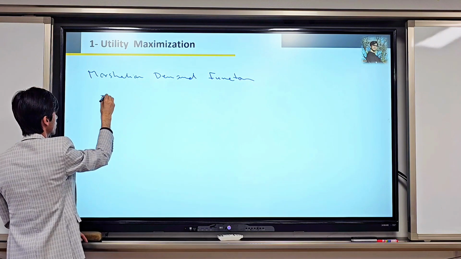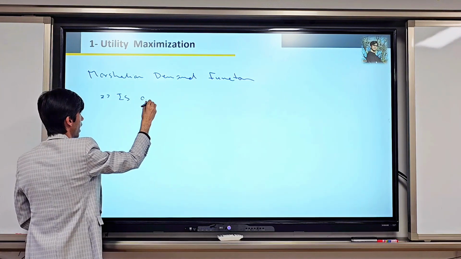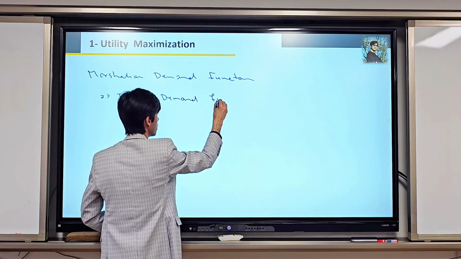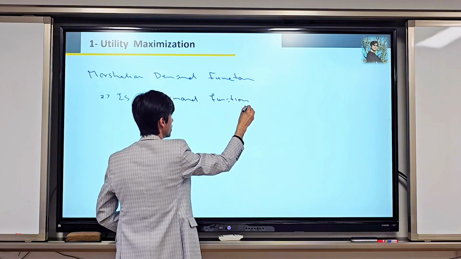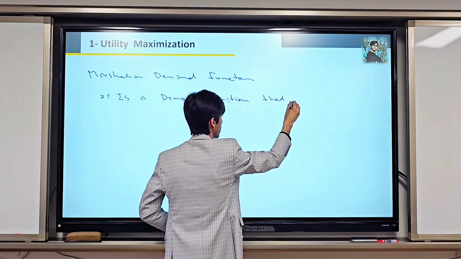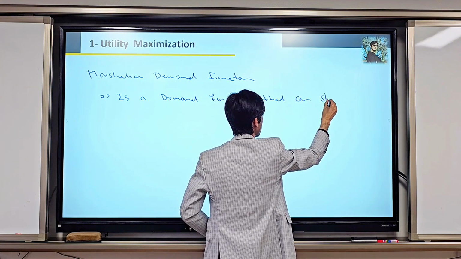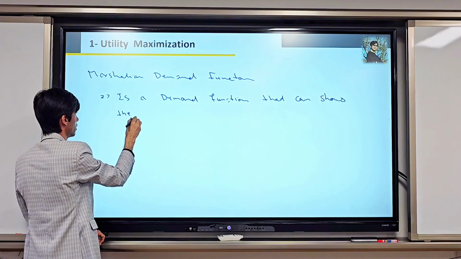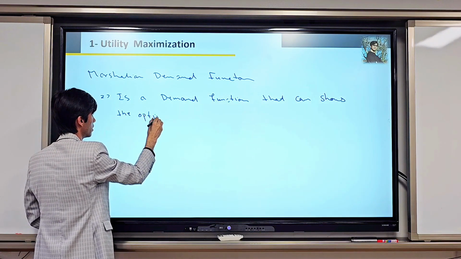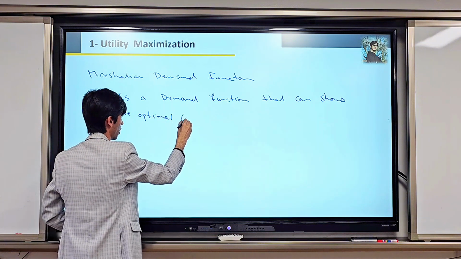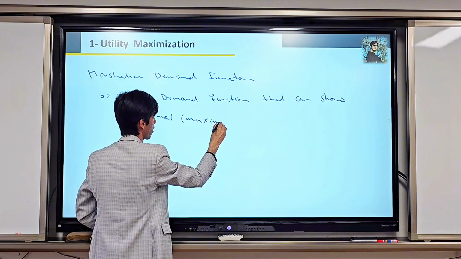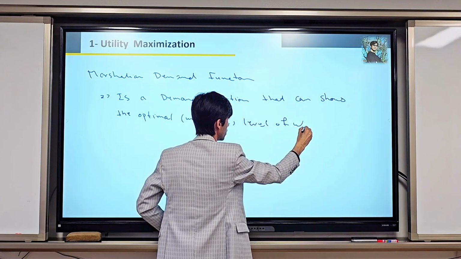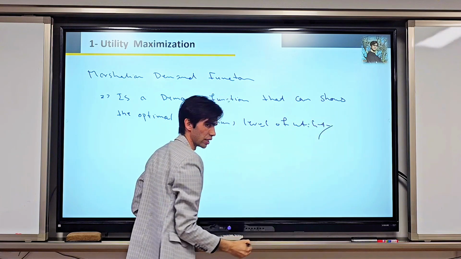we can say it is a demand function that shows the optimal or maximum level of utility.